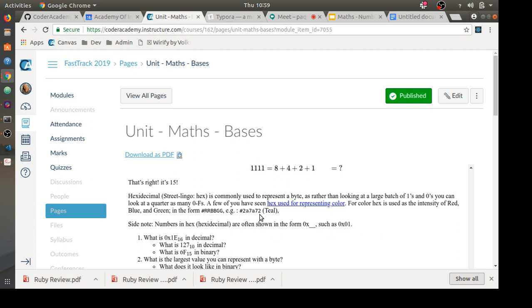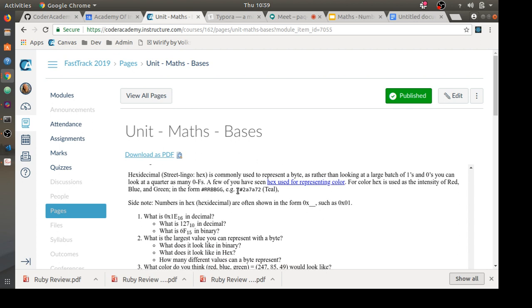For example, teal is 2A, 7A, 72. So the red intensity value is 2A, the blue is 7A, and the green is 72. And that number altogether represents the color teal. That's how colors are represented.